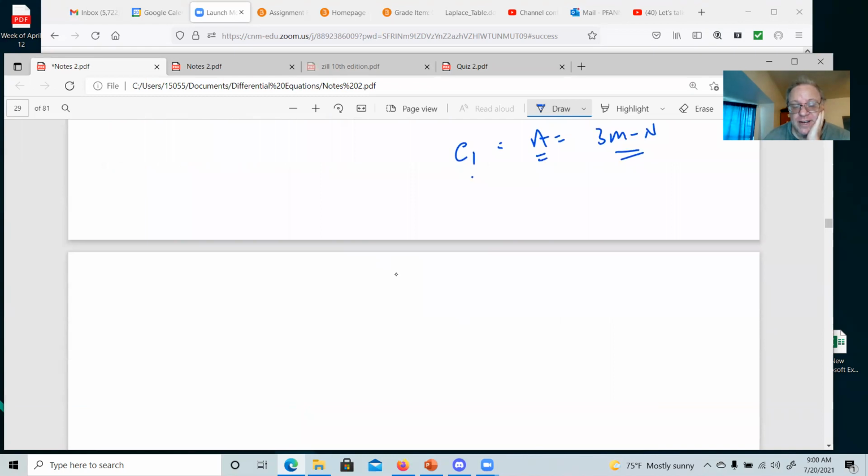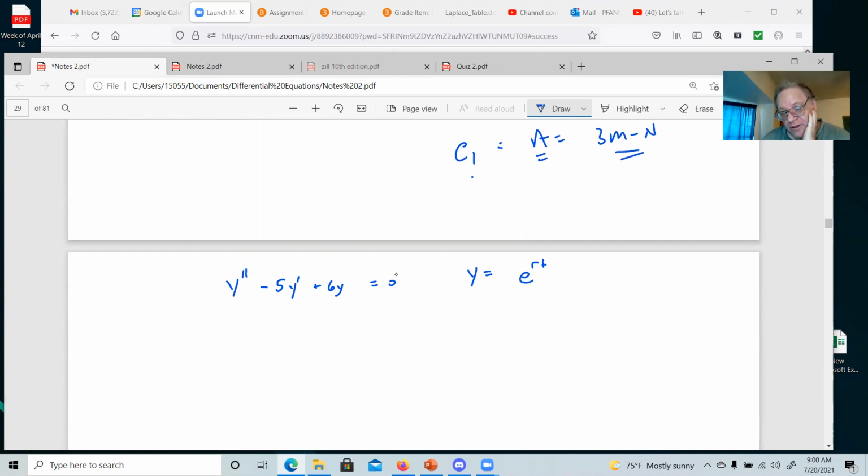So what if I just said, well, we have y double prime minus 5y prime plus 6y is equal to 0, and I just say, well, why don't we just assume that y is going to be equal to e to some rt? Okay.